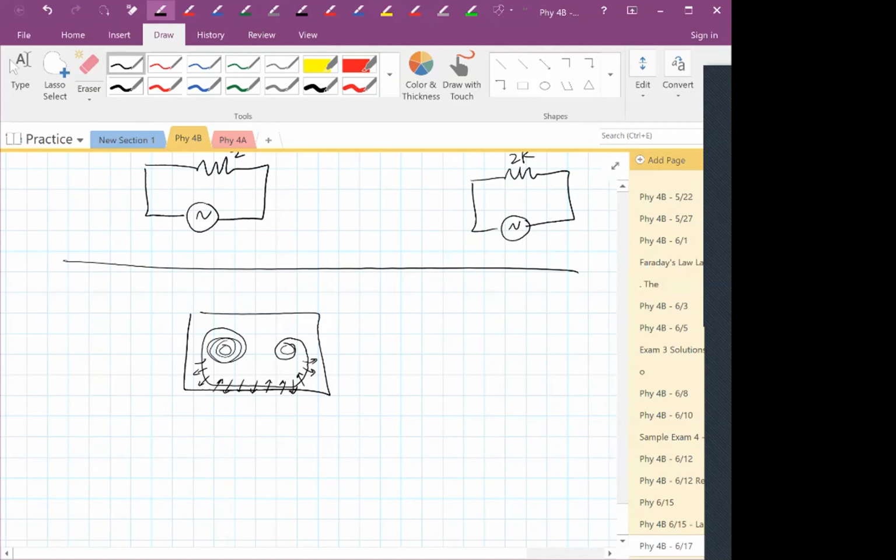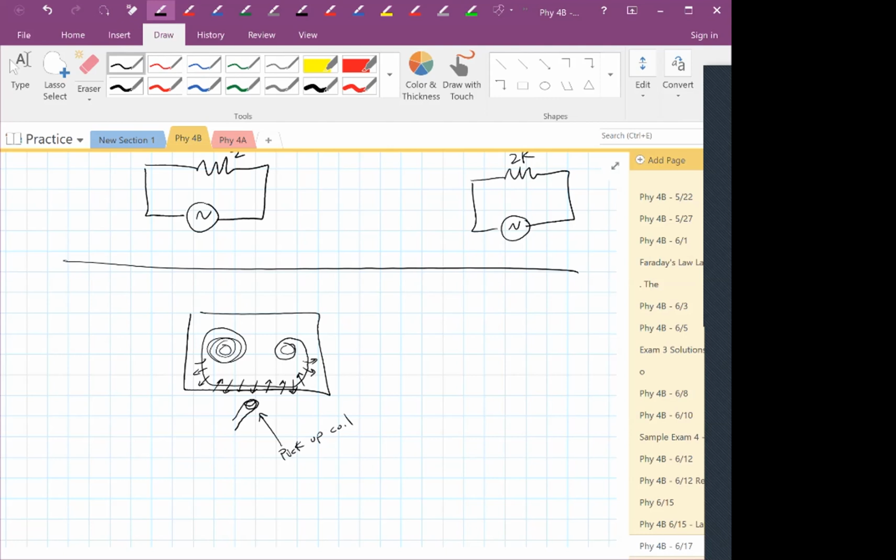Why does it have to move? You have a coil of wire here. There has to be a changing flux.